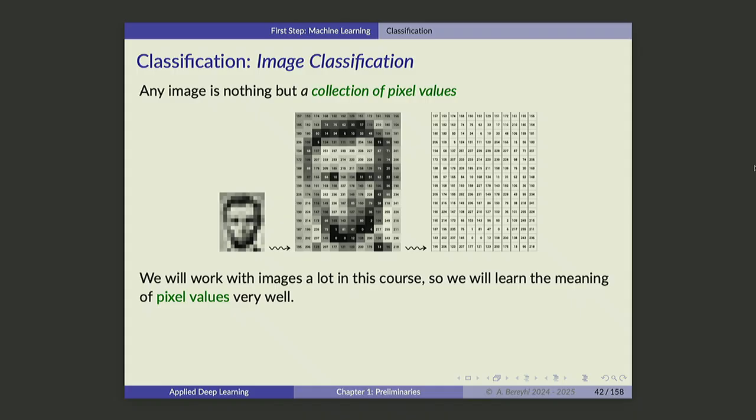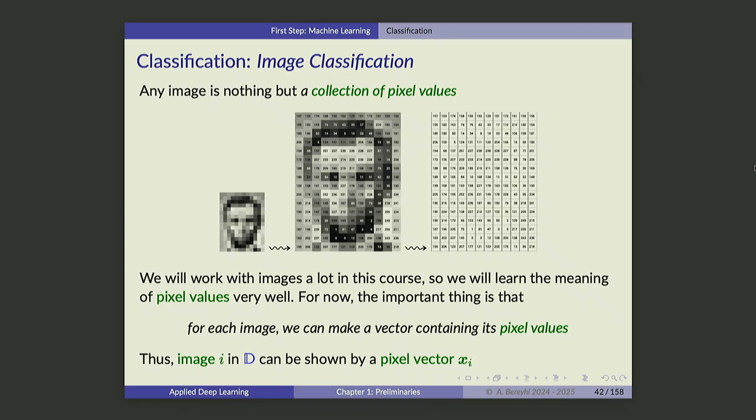And if this is anything in between, it's going to be gray, and the intensity of that gray depends on the value. So that's one image. You can always get your image and write it down in the form of a vector. This is what I'm going to show by x. So the image to us is simply one vector x, which collects all of the pixels. And just to make it clear, I'm going to call it the pixel vector.